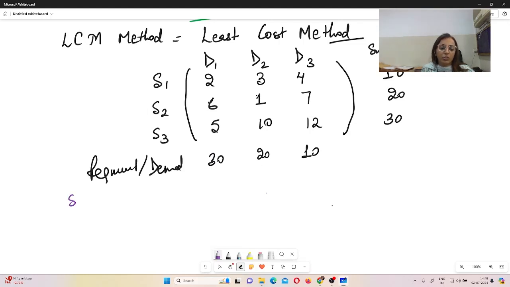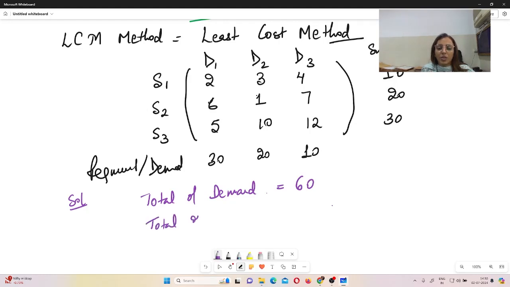So the solution for this is, first we find the total of demand, whether the demand and supply are equal or not. Total demand is 30 plus 20, that is 50, plus 10, that is 60 units.